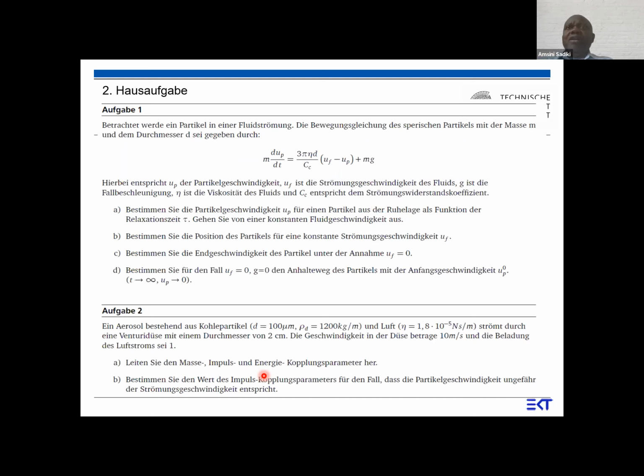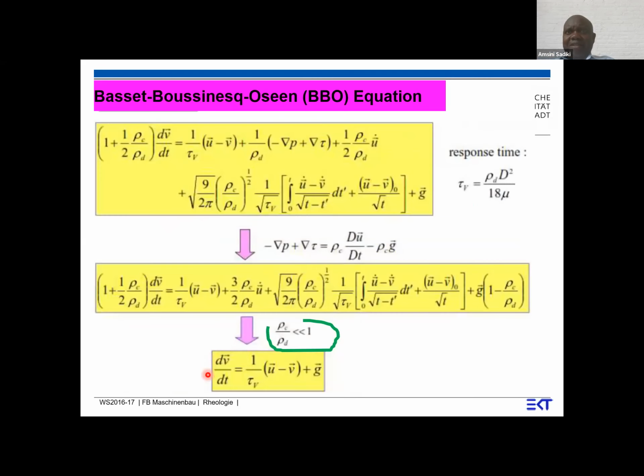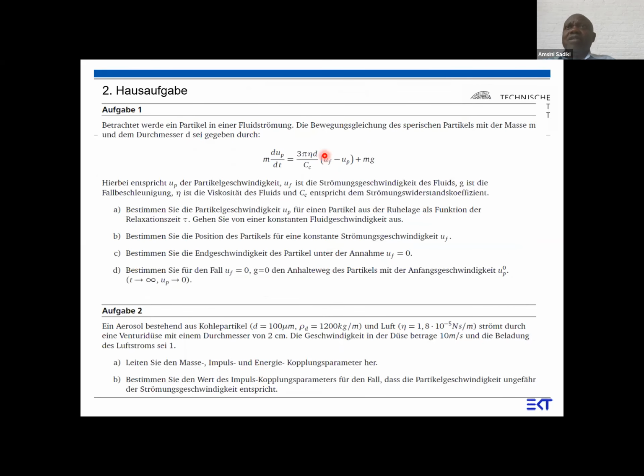This is one exercise, and I think you can follow me. So we consider this expression. This is what we obtain here at the end. This is exactly what we have here. It is the sum of the drag force and the gravitation force.